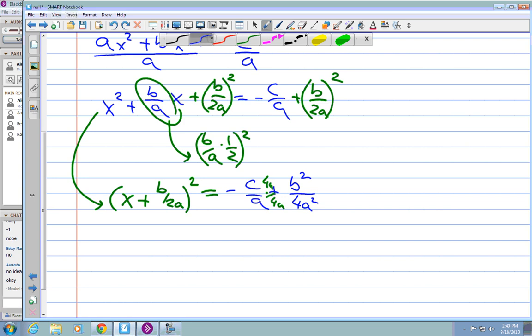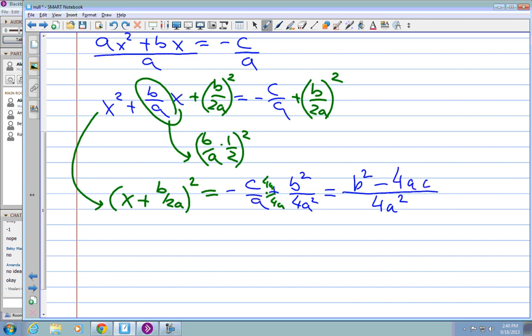So then what do we get? We have 4a squared in the denominator. Here I have b squared, negative 4a times c, so that's 4ac. Right? So we have this now. We have a perfect square equals that thing on the right.